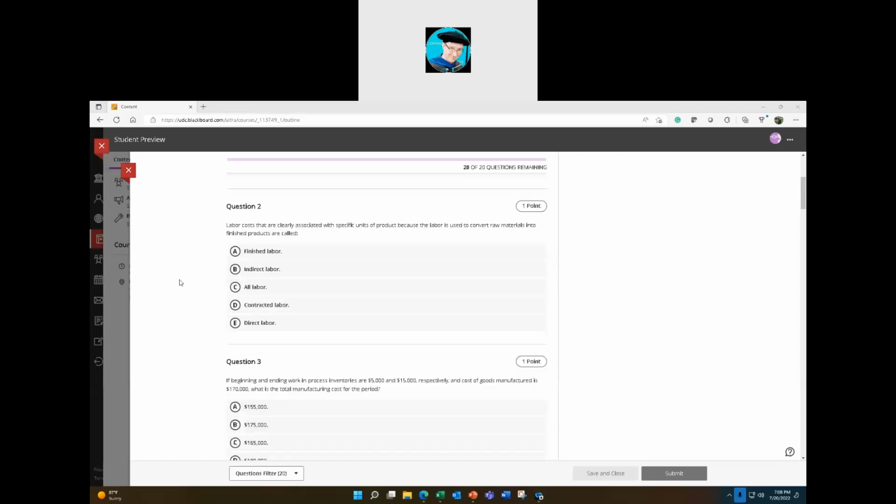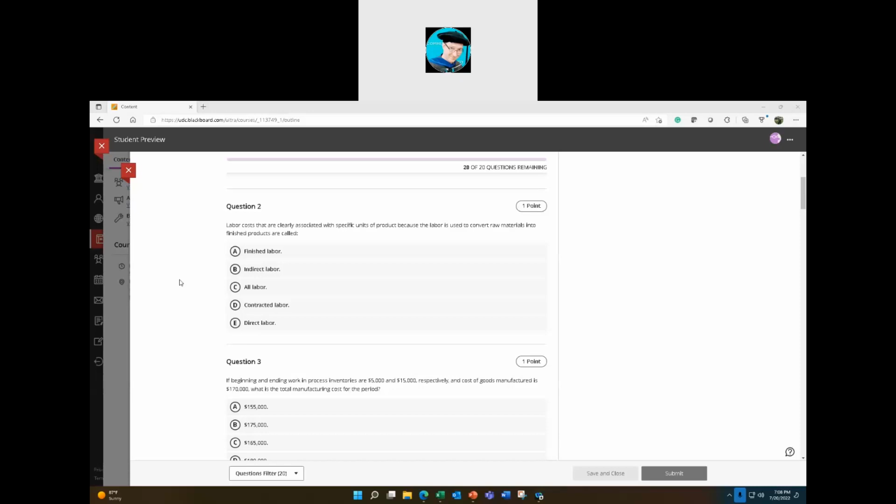Question 2. Labor costs are clearly associated with specific units of production. That looks like a typo. Units of production, because the labor is used to convert raw materials into finished goods. This is called, remember, the people directly working on the product.